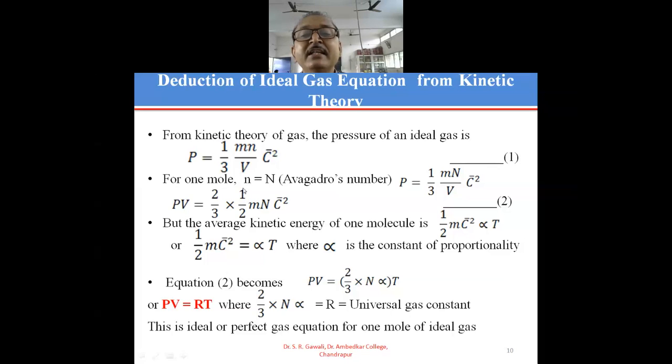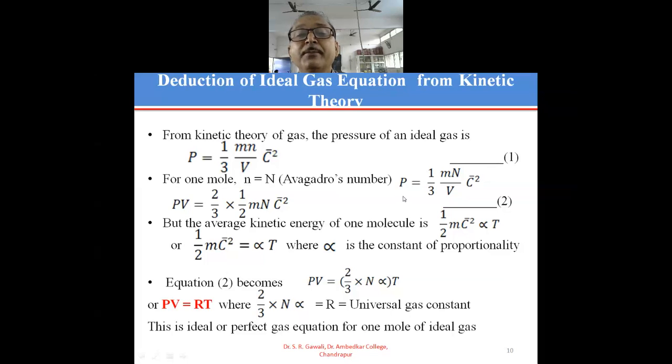Small n is the number of molecules, and capital N is Avogadro's number, which is a constant. The value of Avogadro's number is 6 into 10 raised to power 23 molecules per mole. That means in 1 mole of ideal gas, the number of molecules present is 6 into 10 raised to power 23.